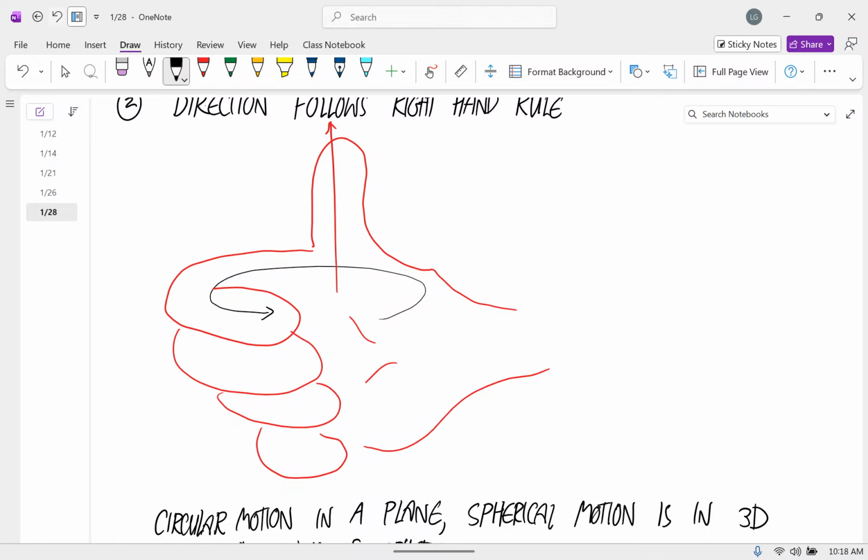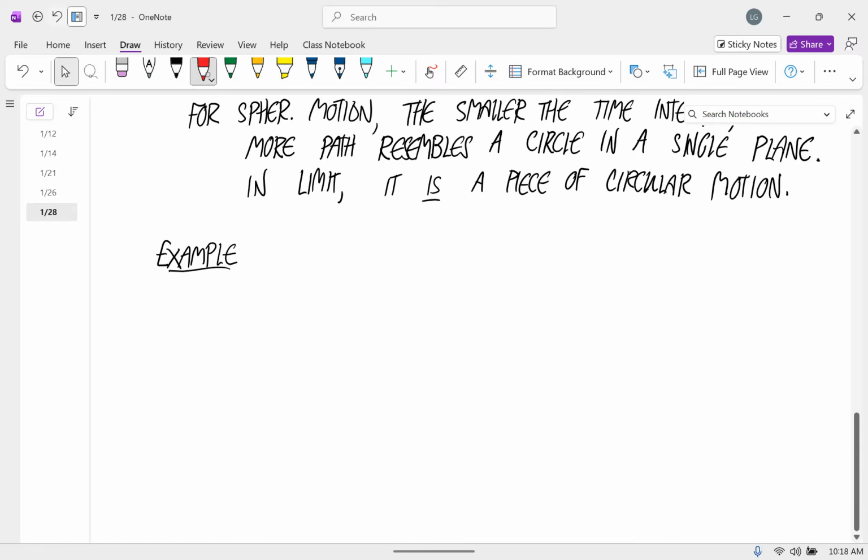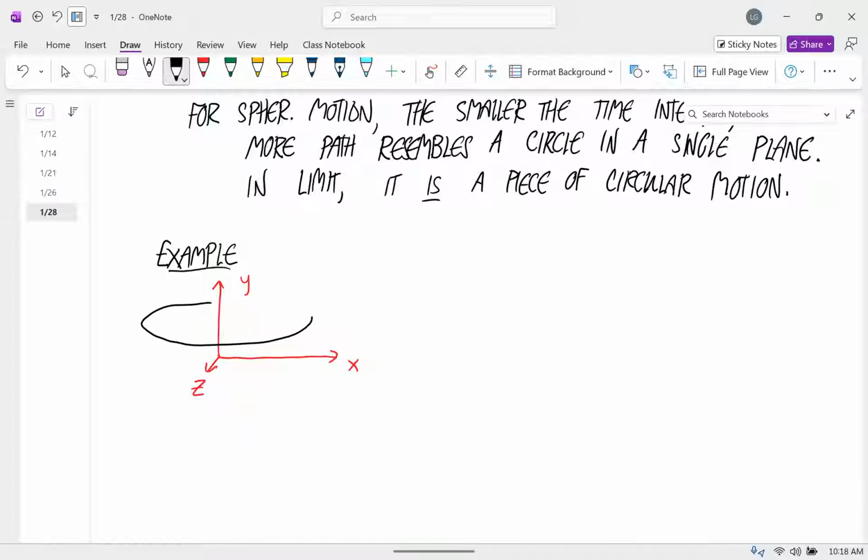Okay. So let's just do a couple examples to try to wrap our heads around this. I'm going to think of this as circular motions. So for the first one, let's think of a coordinate system like this. X, Y, Z coming out of the page. And let's say that the path is a circular motion going around the y-axis like this.